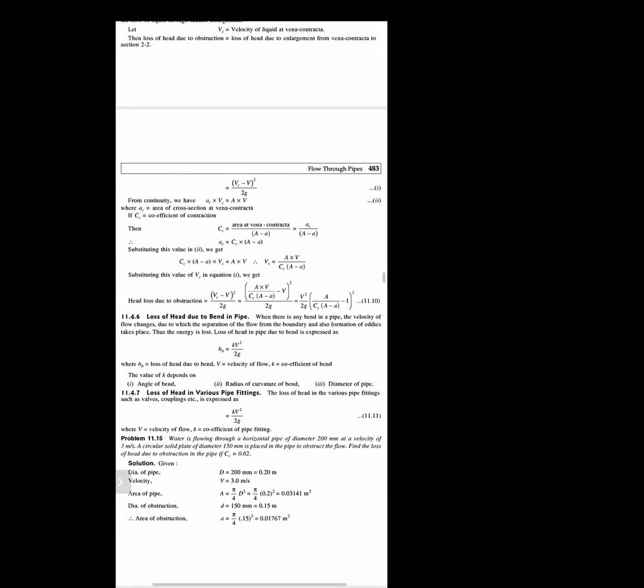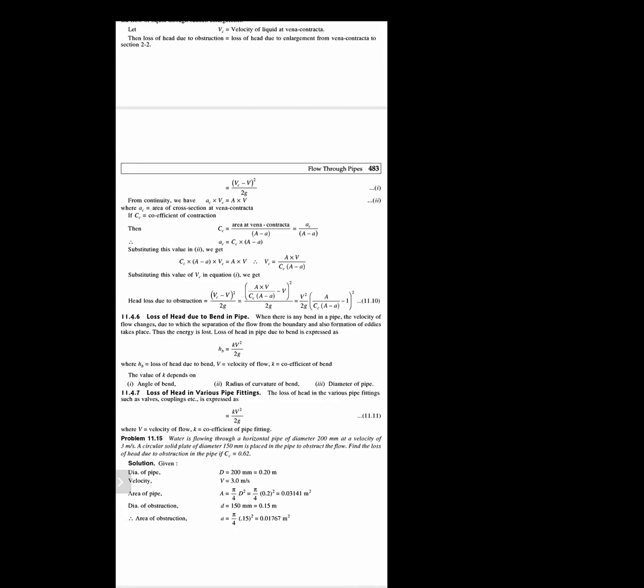Then next minor loss is loss of head due to bend in pipe. Okay. When there is any bending in pipe, the velocity of flow changes from section 1 to section 2, and there is possibility of separation of boundary layer or formation of eddies in that bending.